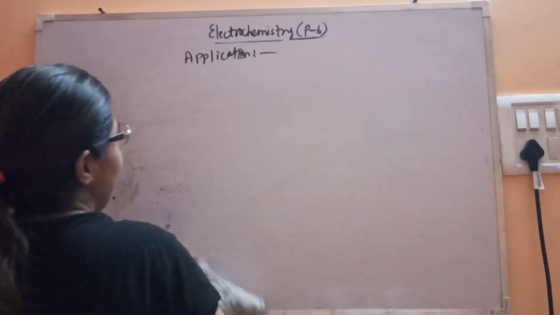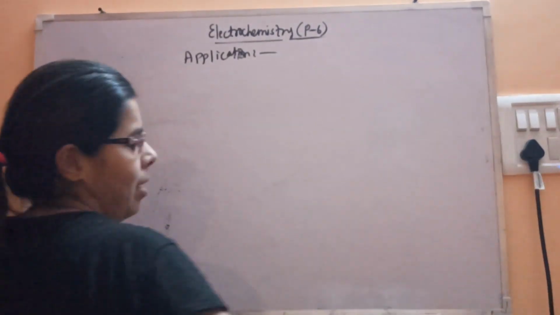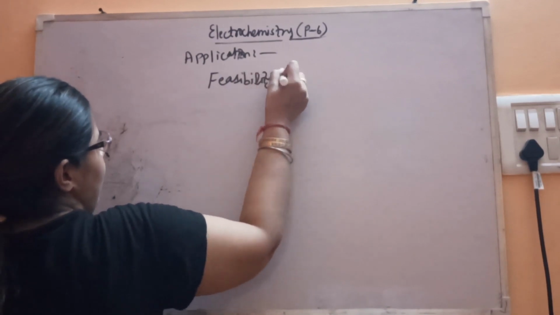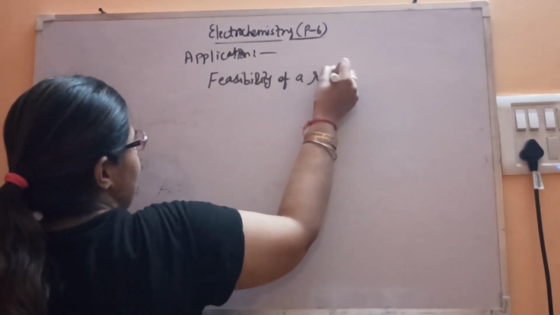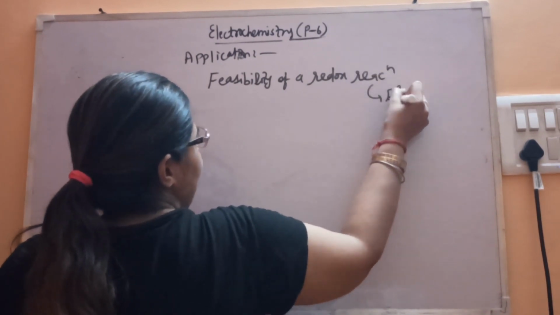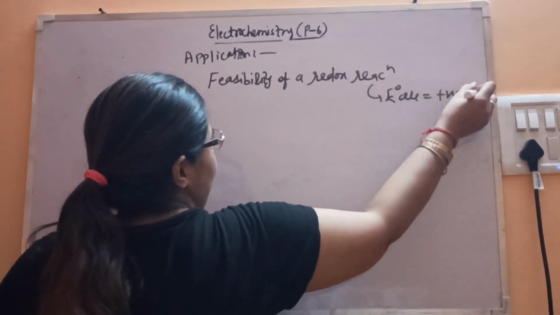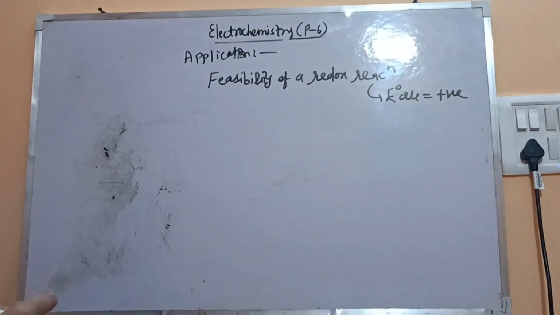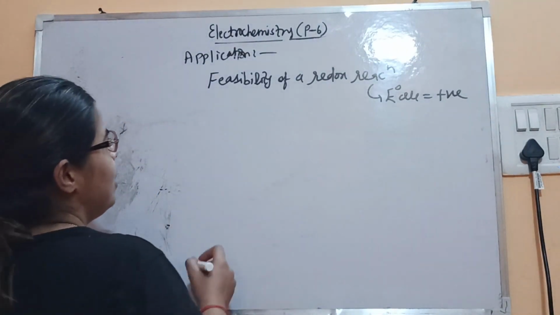Okay, this you have to remember. So let's see that application again. Feasibility of a redox reaction. So for that, E naught cell has to be positive. Okay, E naught cell has to be positive for the feasibility.